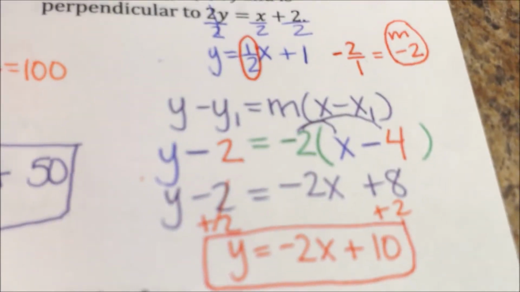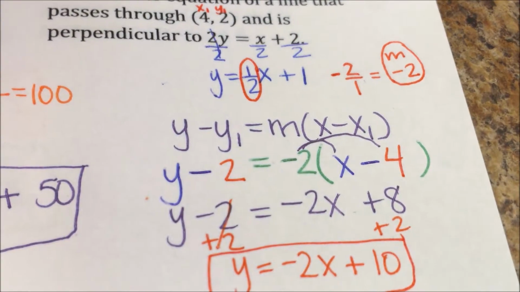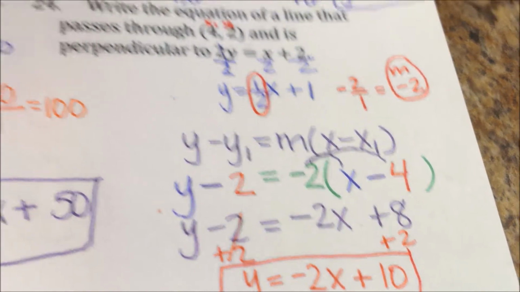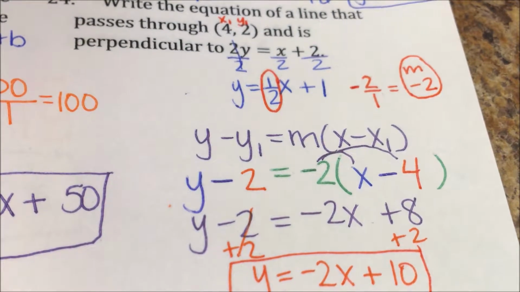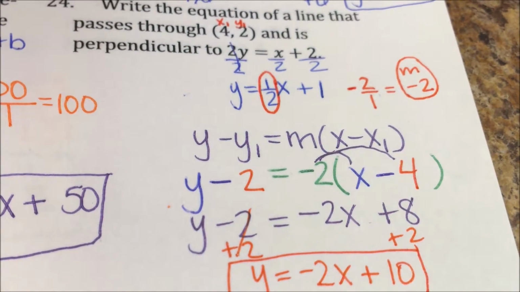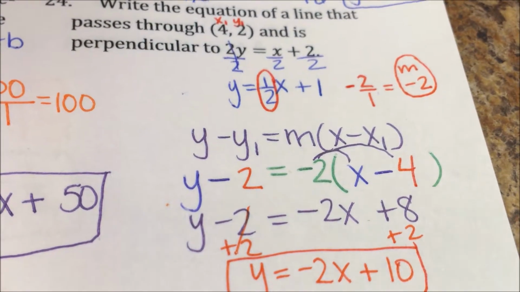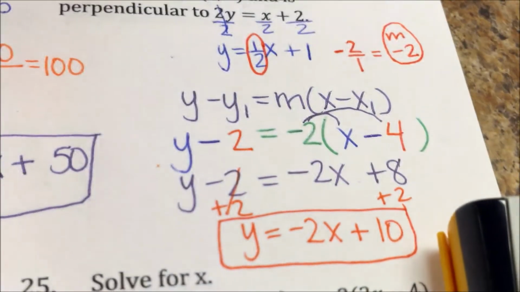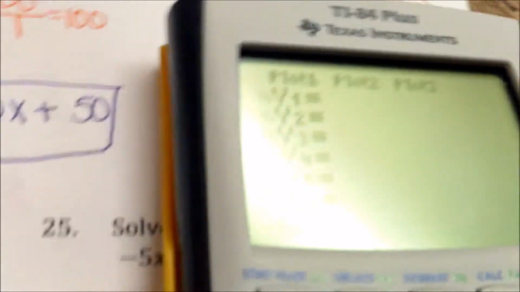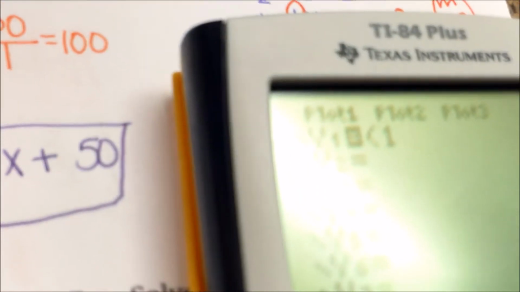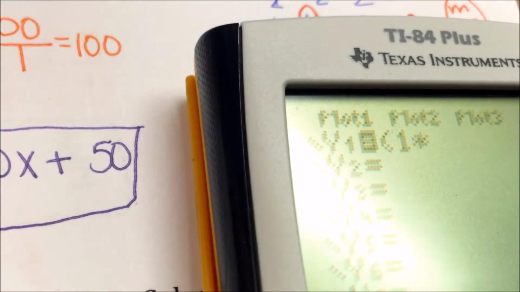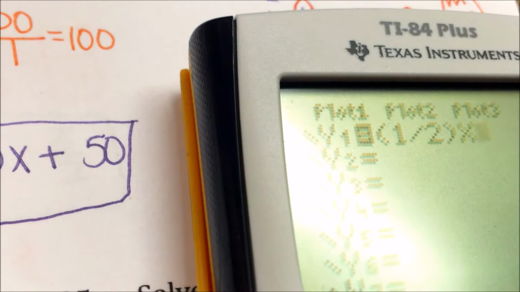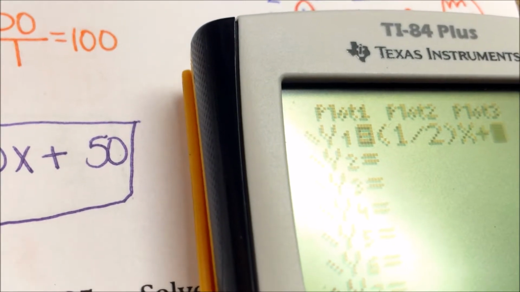So if I wanted to graph it, we can do so, and you will see that they will form a 90-degree angle. So let's go ahead and graph it. I'm going to graph this first one because that's the line that they gave us. y equals 1 divided by 2 x plus 1.